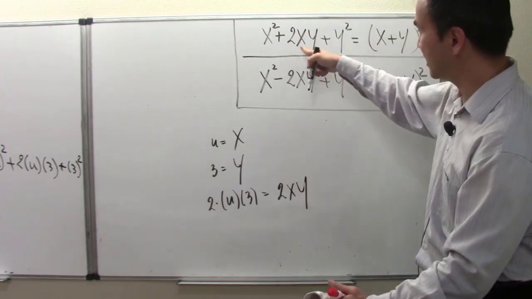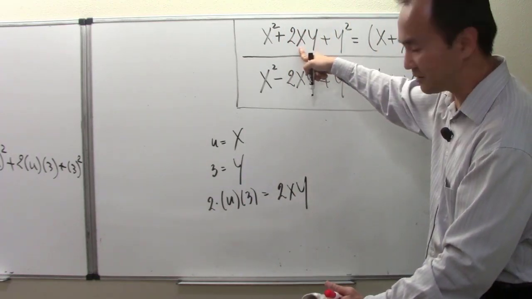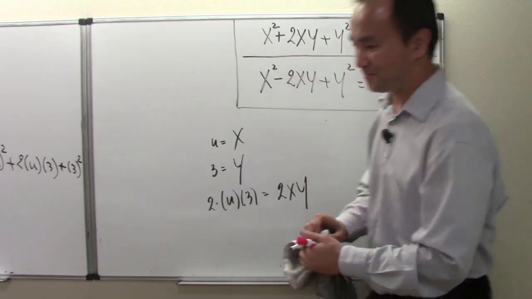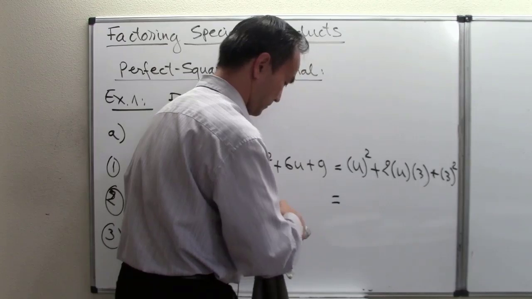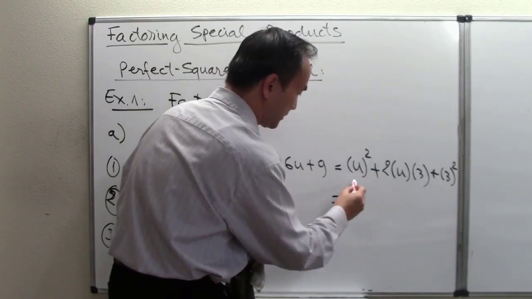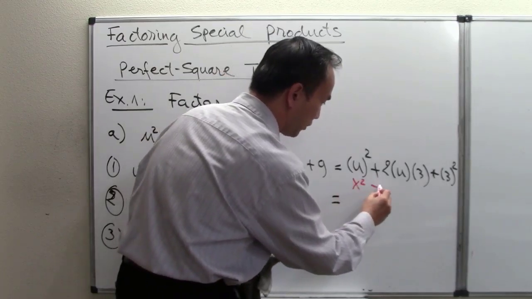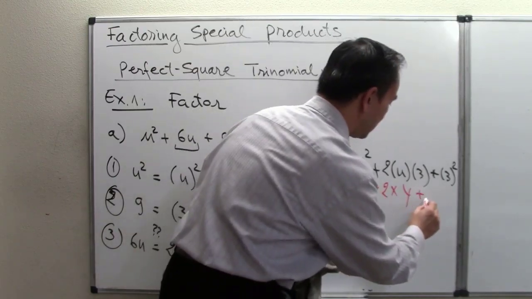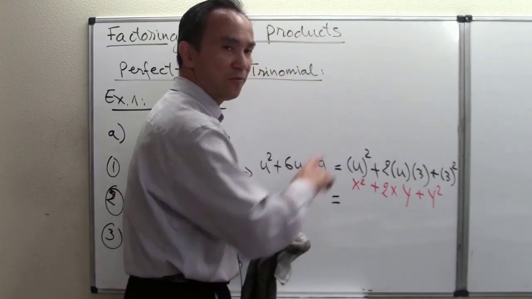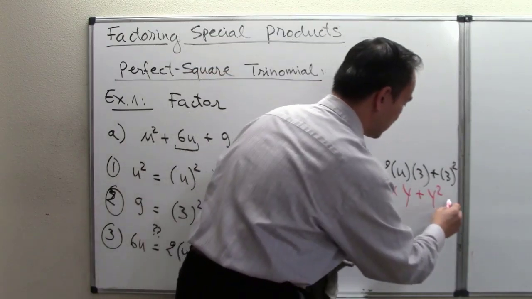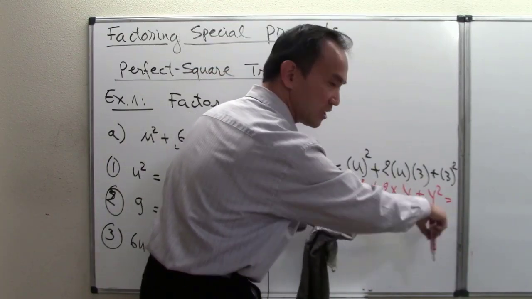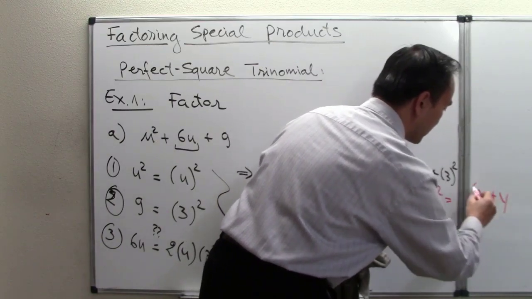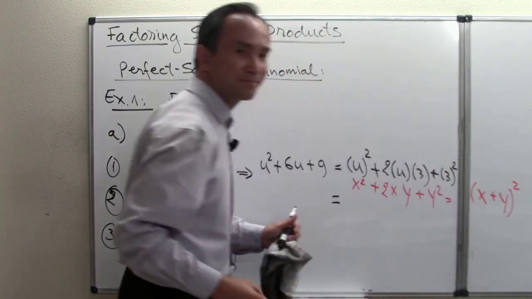And this form right here, as I said earlier, exactly matches our problem. So on scratch work, I can see that this is x squared plus 2xy plus y squared. The formula that we've seen on the other board will factor this perfect square trinomial into x plus y in parentheses all squared.